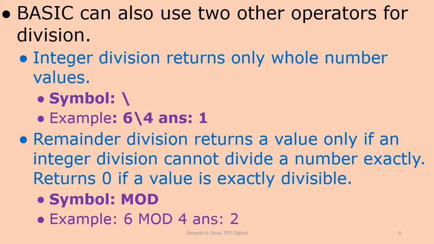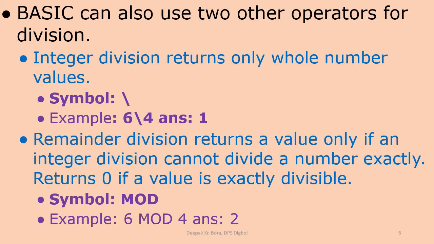It returns a value only if an integer division cannot divide a number exactly, or it returns 0 if a value is exactly divisible. For example, 6 mod 4, the answer is 2. Why? Because if you divide 6 by 4, the remainder is 2.